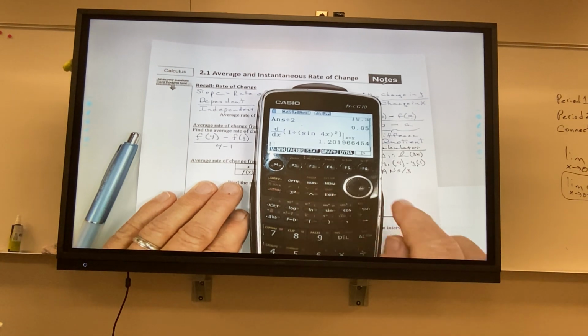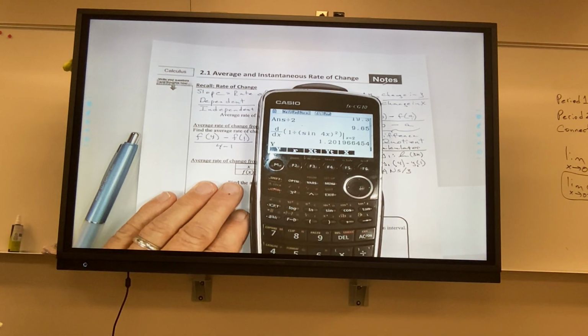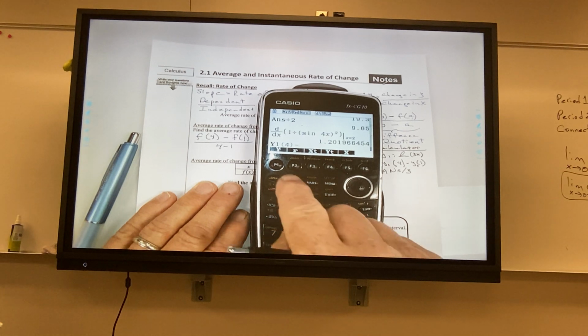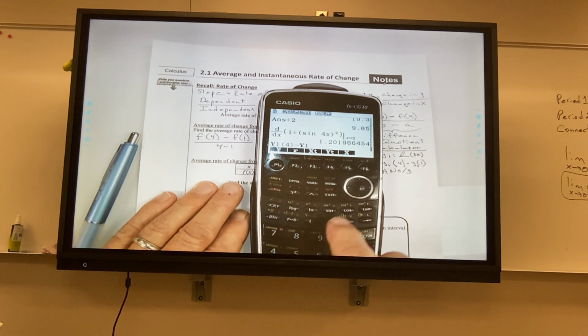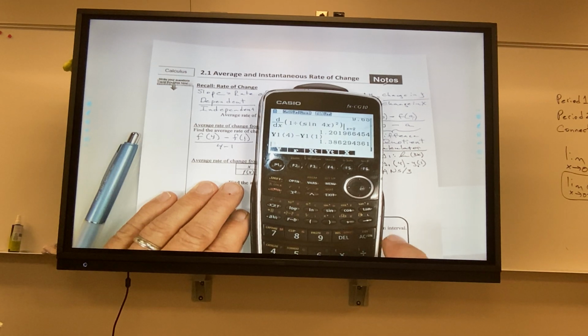If you press vars, I go to graph on a Casio and I just type in y1 and I put in 4 minus y1, put in 1, press enter, divide, there's my answer, by 3.